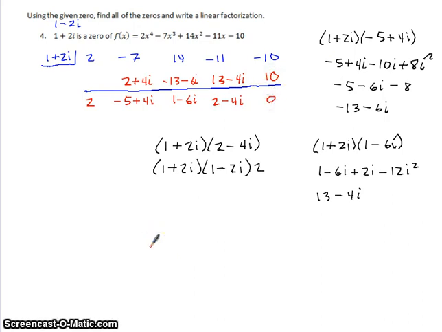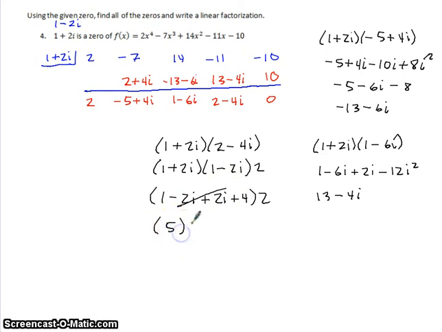And like I said, when you multiply two complex conjugates, you get a real number. And to just show you that work right now, we have 1 times 1 is 1. And then a minus 2i, and then a plus 2i, and then a positive times a negative, we get a negative 4i squared, which is actually a plus 4, and minus 2i plus 2i crosses off.